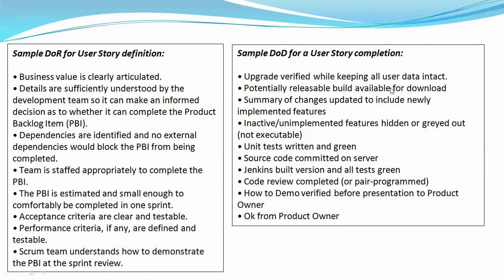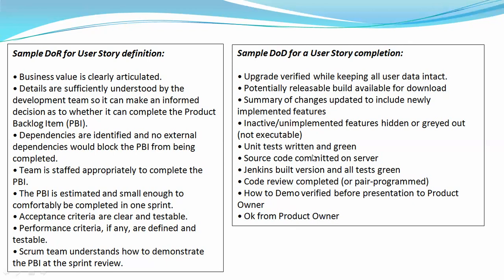Okay. Now for DoD, when can you tell? DoD is for user story completion. When can you tell that a user story is completed? See, there may be a lot of points. I will just tell the main points. First, a very important point is the acceptance criteria should be satisfied, and then unit tests.